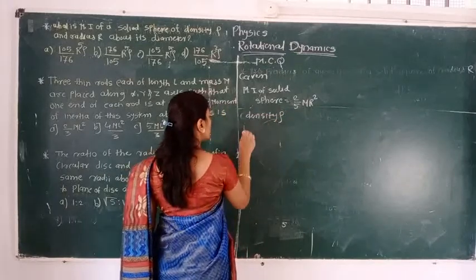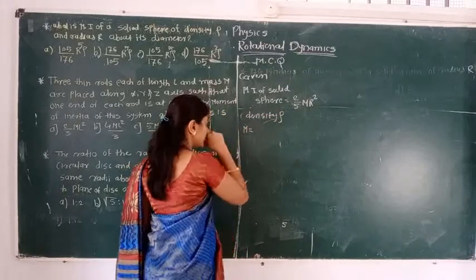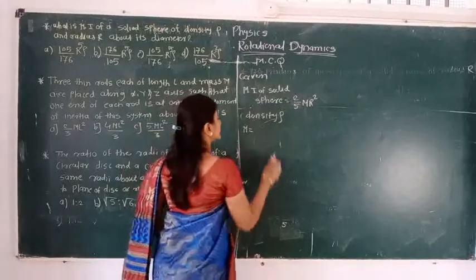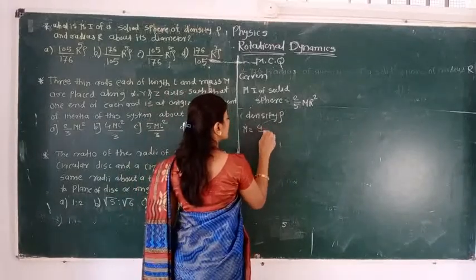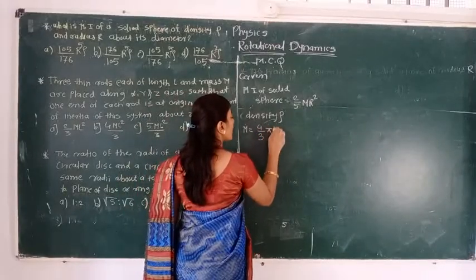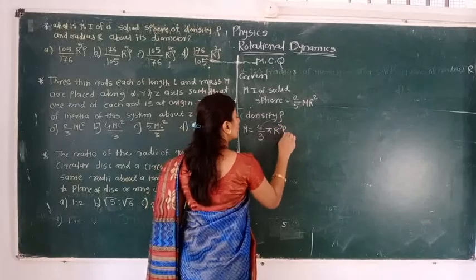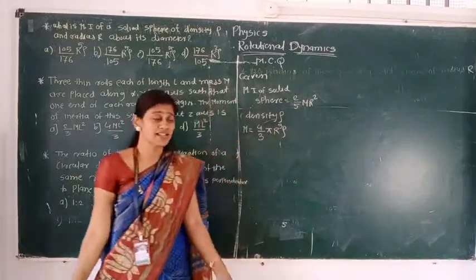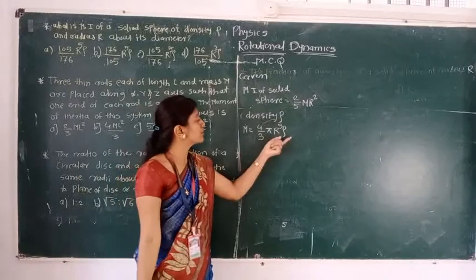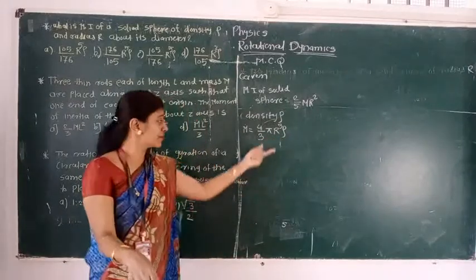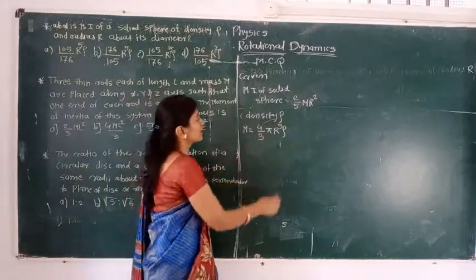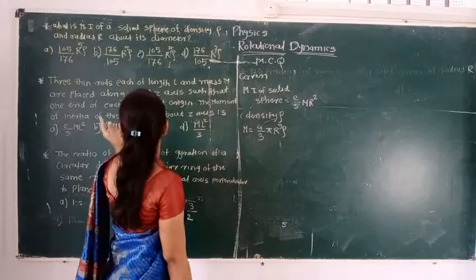So here we know the relation between density and mass: mass is 4 by 3 pi r cube into rho. Rho is the density; somewhere the symbol may be replaced by a bigger P, no problem. Now here we have to find the formula.